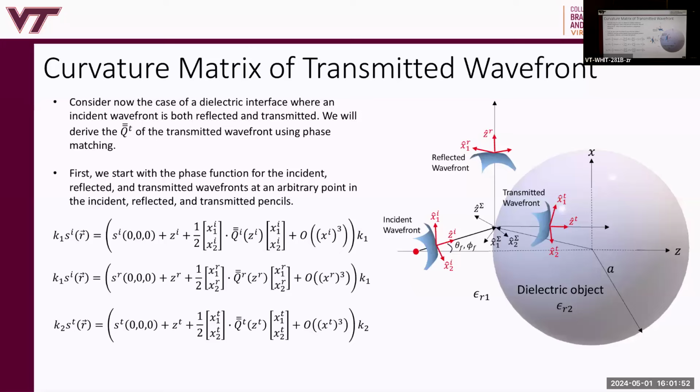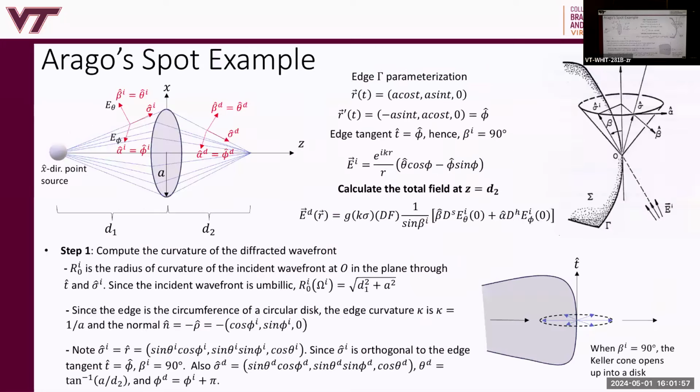Let me show you. I tried to use a full wave solver to calculate the field behind this disk. So I have a point source here. I have this PEC disk, and I wanted to calculate the field and compare it to a simulation of the field in the shadow, in the diffraction.